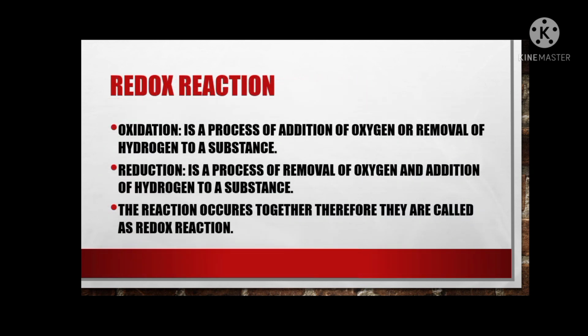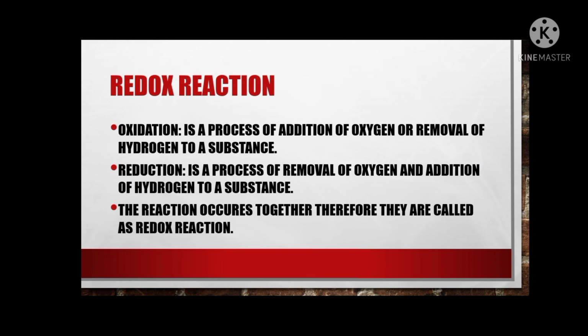And next type of reaction is a redox reaction. It is a shortened form of oxidation and reduction. What is oxidation? It is a process of addition of oxygen. If there is addition of oxygen, then it is said to be oxidation. Or else removal of hydrogen, then also it is called oxidation.